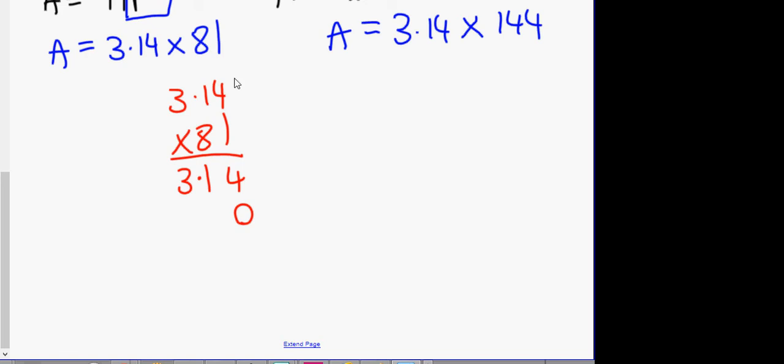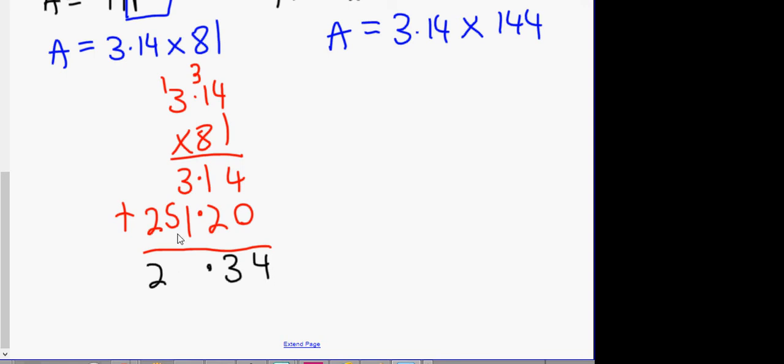Carry the 0, good man. 8 times 4, that's 32, 2 carry the 3. 8 times 1, that's 8, plus 3, 11, carry the 1. 8 times 3 is 24, 25. 251.2. Add them together, Tommy. 254.34 centimeters squared. Okay, upon completion of that, we have the second one to do.